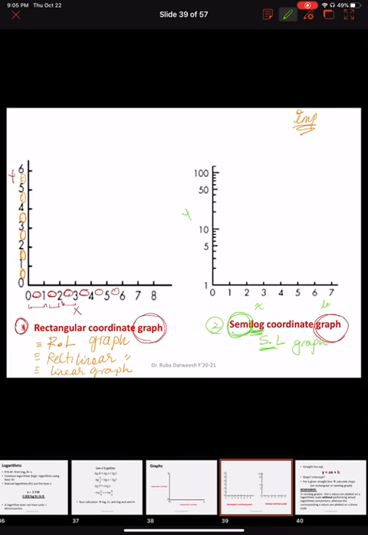So we have this linear, and the scale of this graph is a log scale. We can see this from the cycles of the log that we have. We have here one cycle and another cycle, and you can directly see it's not linear because the spaces between the numbers are not as in here.